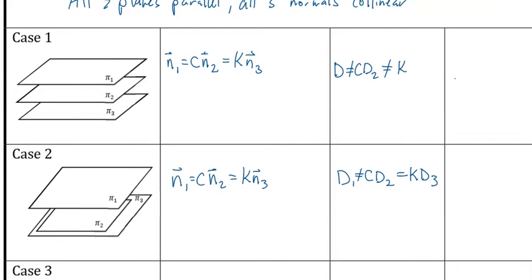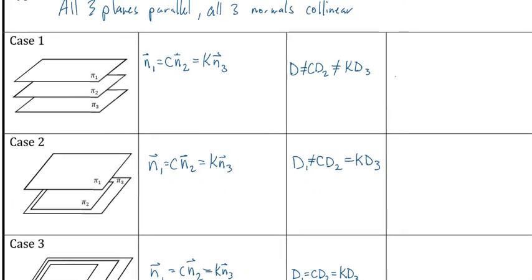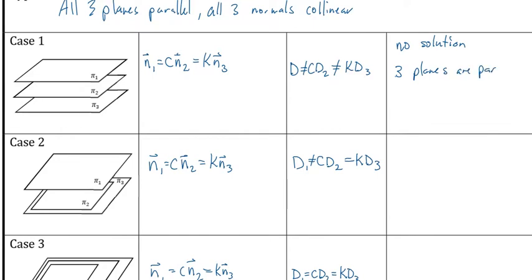How many solutions does case 1 have? Quickly, quickly. None. No solution. So all three planes are parallel and distinct. Case 2, how many solutions?